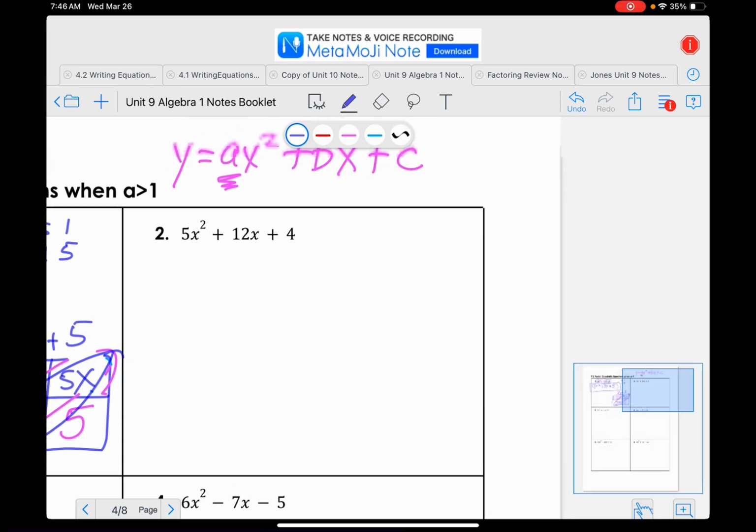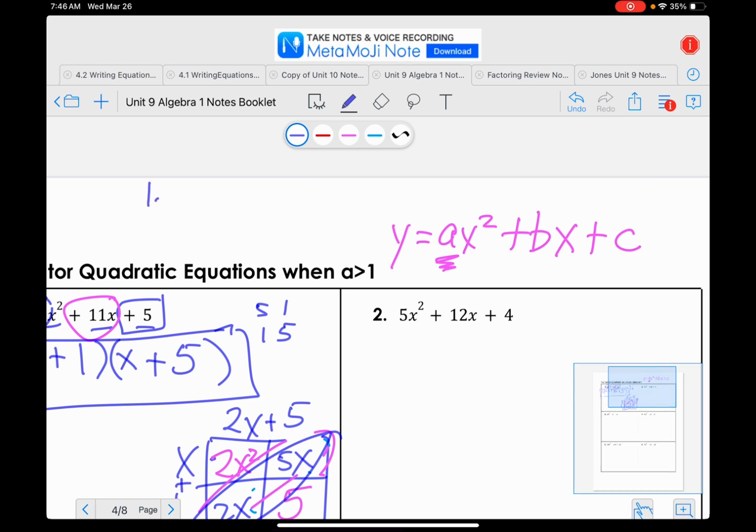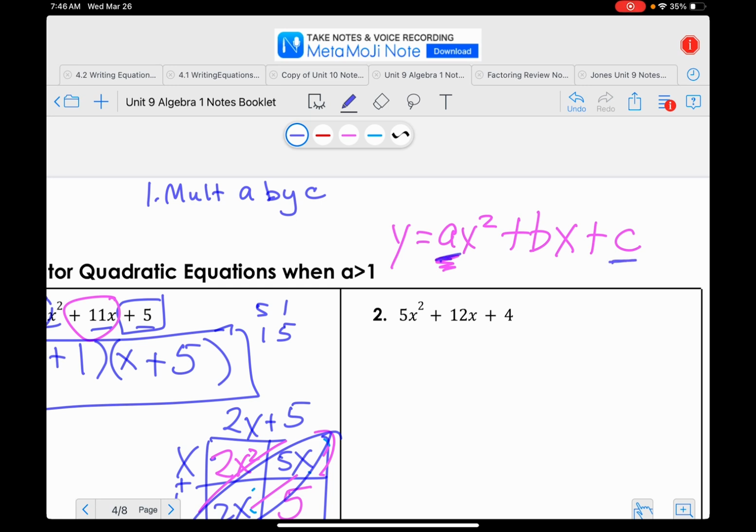But somebody made this method that works every time. You can still use the x, but the first thing you have to do is multiply a by c. So a by c. And then you find the factors of that. So a times c, 5 times 4 is 20.